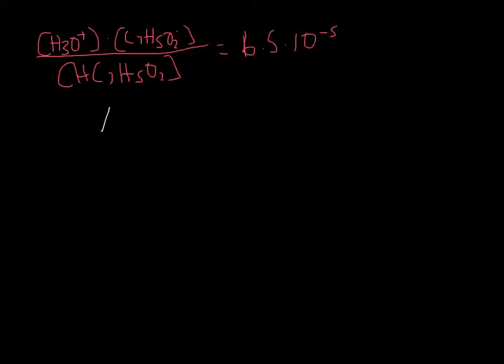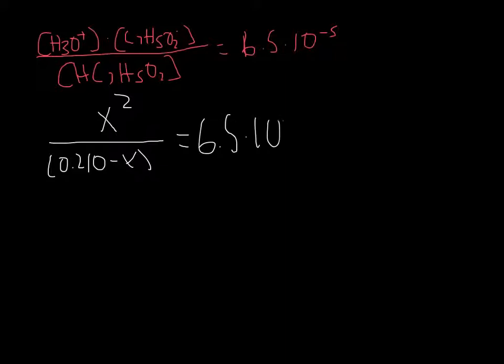So let's just simplify that as x squared divided by 0.210 minus x equals the value of Ka, which was 6.5 times 10 to the minus 5. Again, we can assume this is insignificant, so just cross that out. Now you just solve for it. You have x squared divided by 0.210 equals 6.5 times 10 to the minus 5. We solve for x. Multiply this by this.